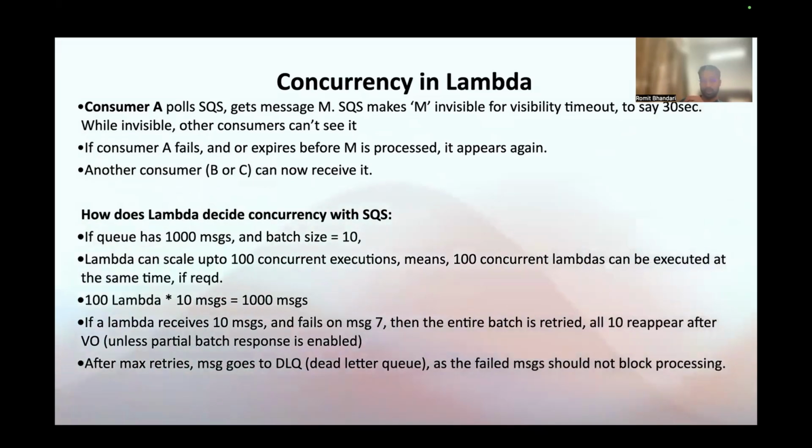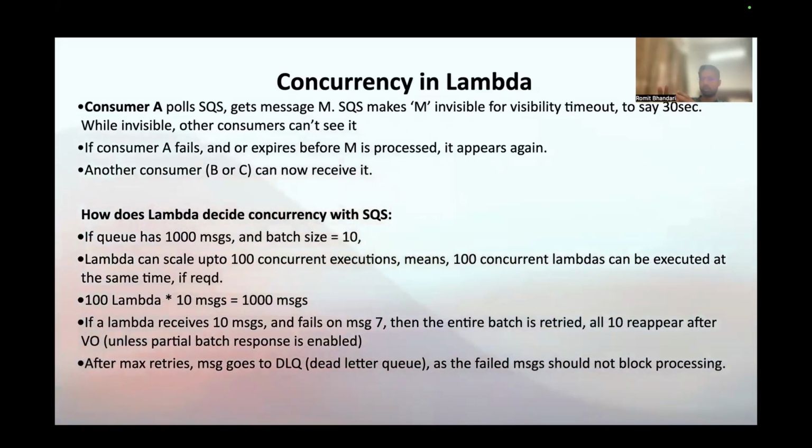processing those 1000 messages, and if a Lambda receives 10 messages in a batch, fails on message 7, then the entire batch is retried. Okay, all 10 reappear after visibility timeout. Now what is visibility timeout? It is basically the time frame for which the specific message gets invisible for the other consumers once it reaches a particular consumer.